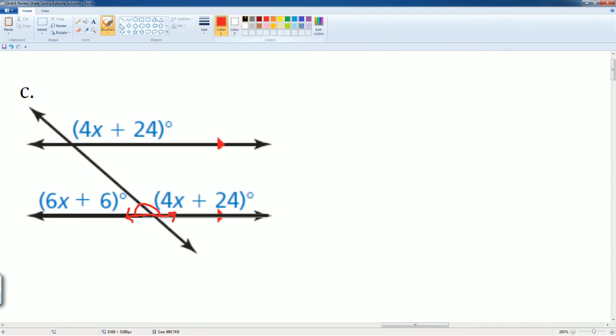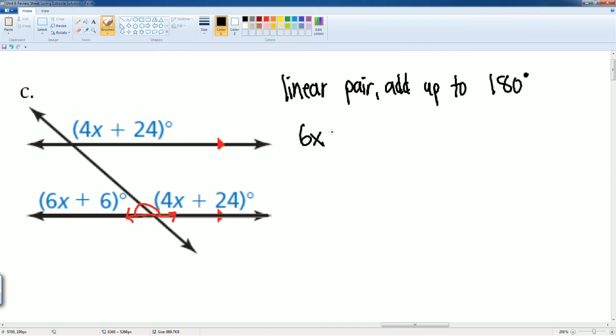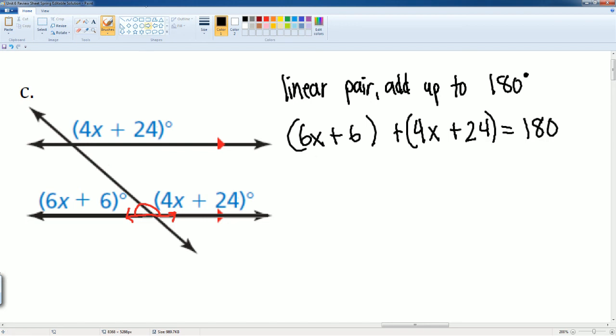All right. The fact that they are linear pairs, we know that linear pairs add up to 180 degrees. So let's do that. We have 6x plus 6 plus 4x plus 24 equals 180.